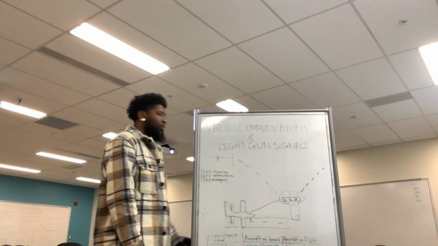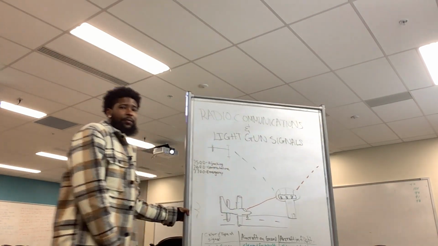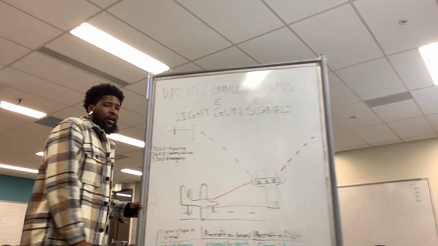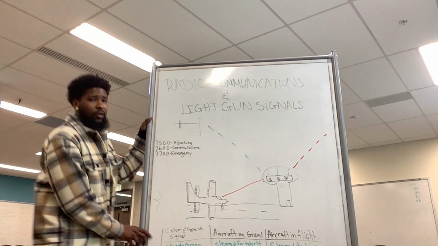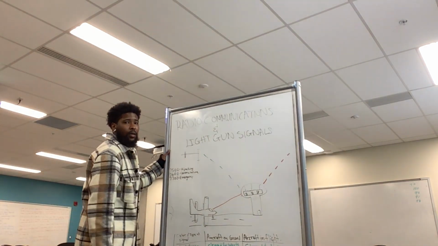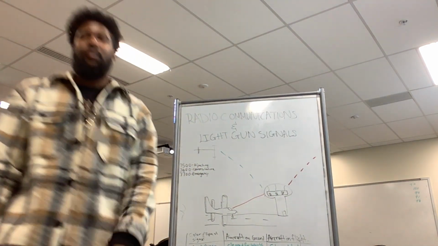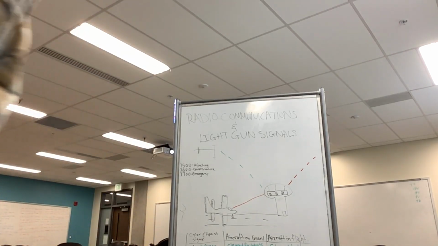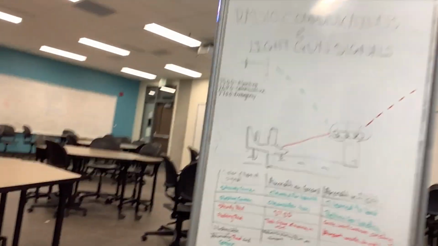Here I drew a picture on the board of the light gun signals, and I also drew a table lower down. I'm just going to show you what I drew.